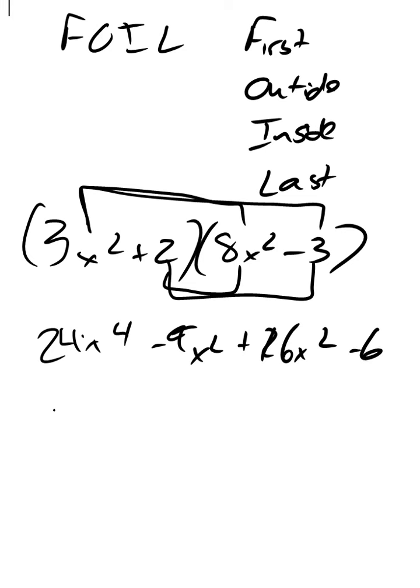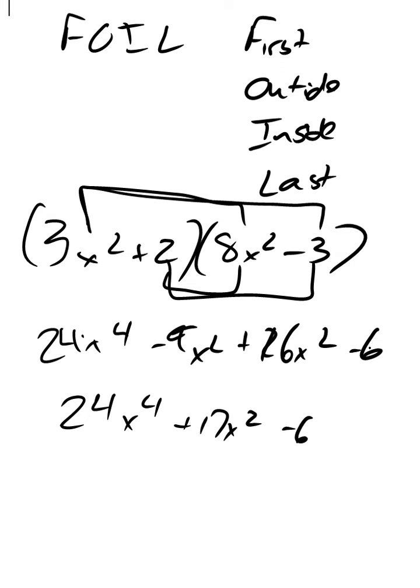We can combine these up too, so 24x to the fourth, plus 7x squared minus 6.